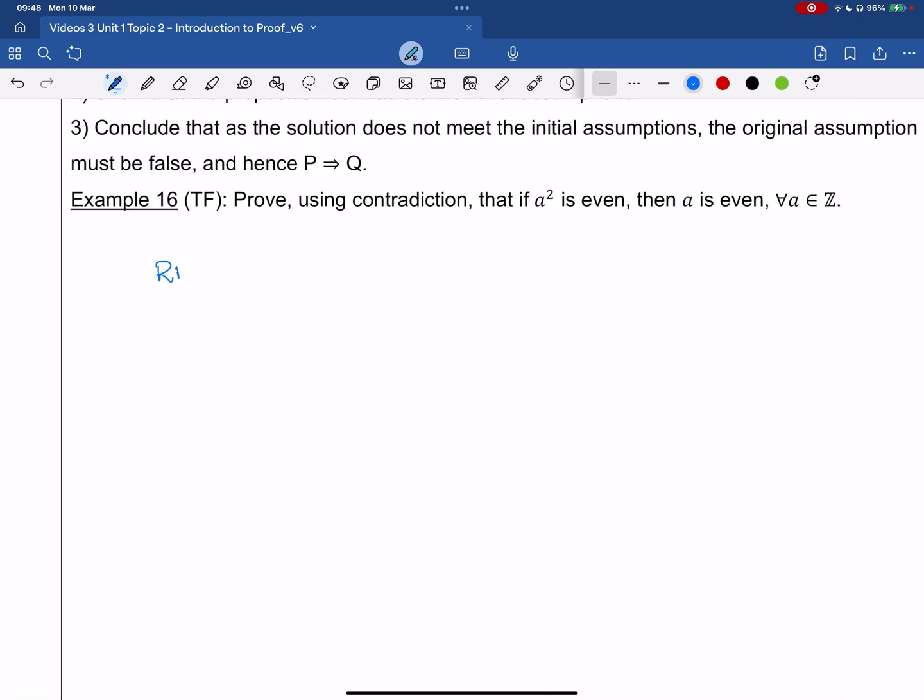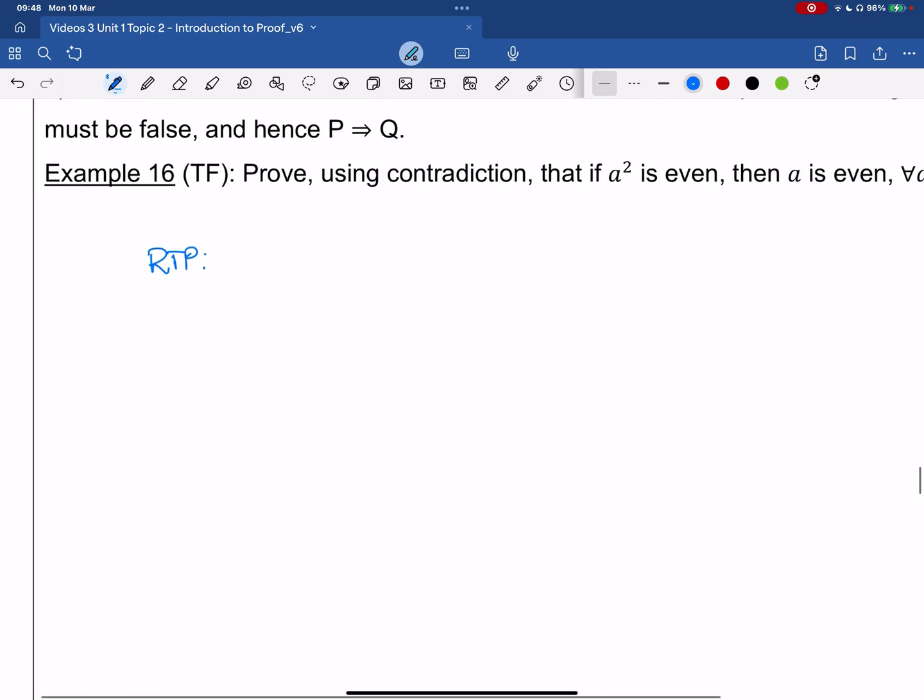So required to prove that if a squared is even, then a is even for all integer values of a.